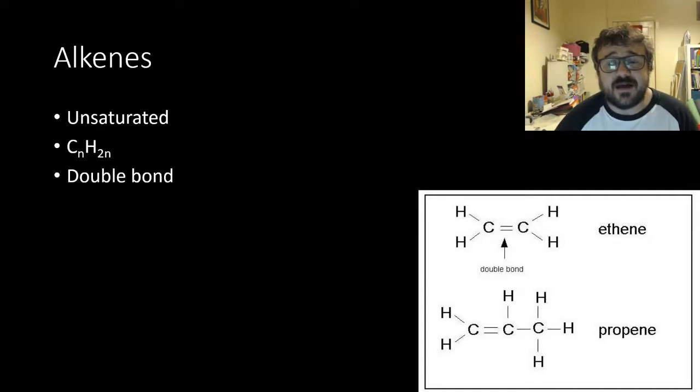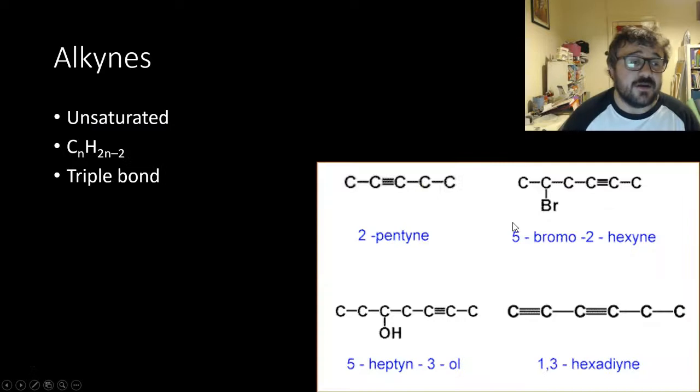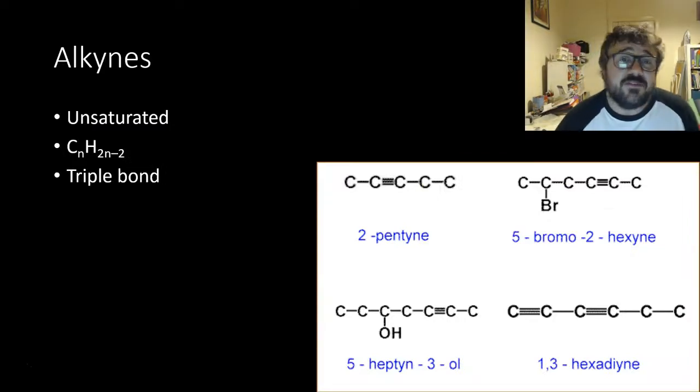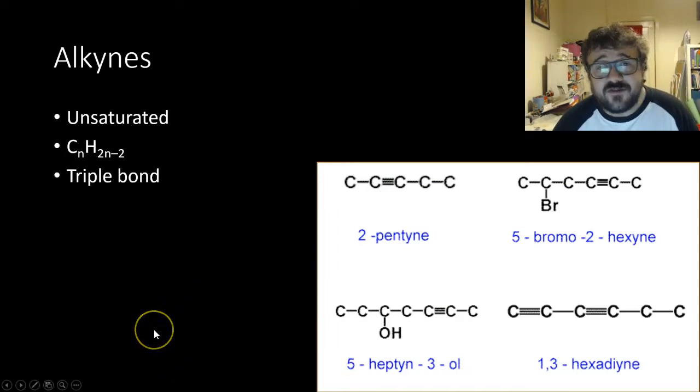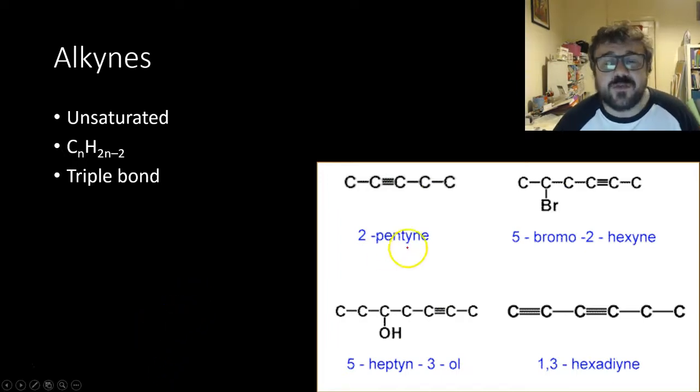Let's look at alkenes. Alkenes have a double bond, and they've got a formula of CnH2n, and they are unsaturated. That means they can react to have another hydrogen joined to them. Then you have alkynes, which are also unsaturated. They have a CnH2n-2 general formula, and they have a triple bond somewhere in the middle.